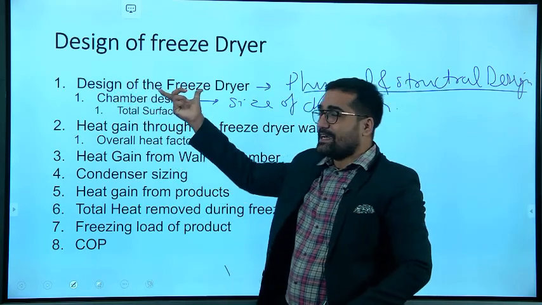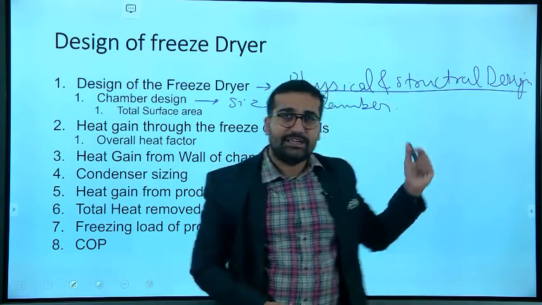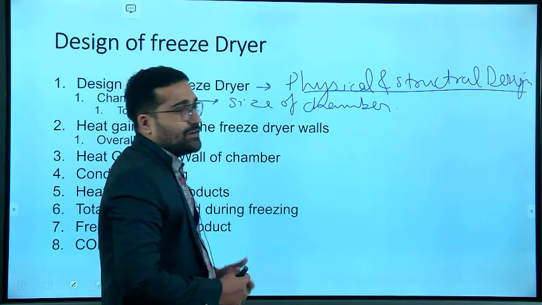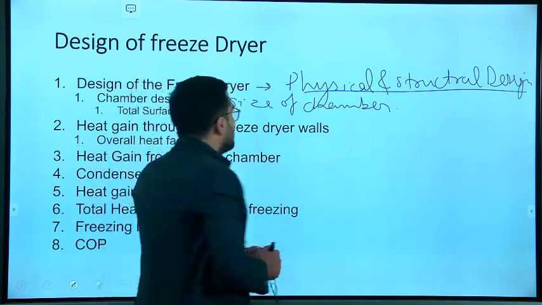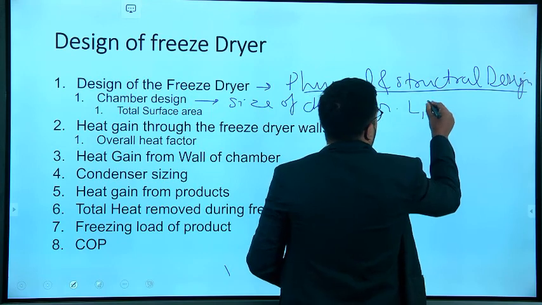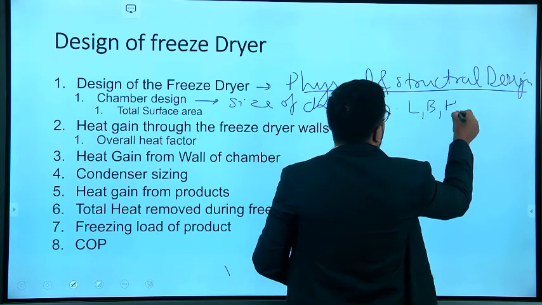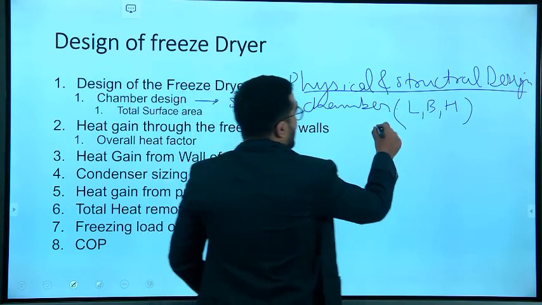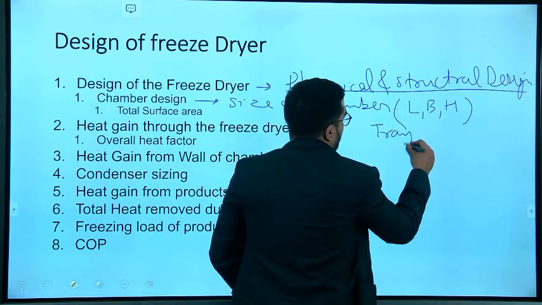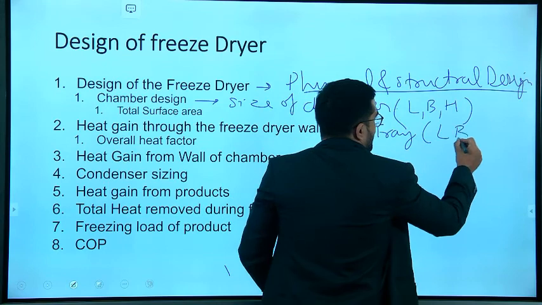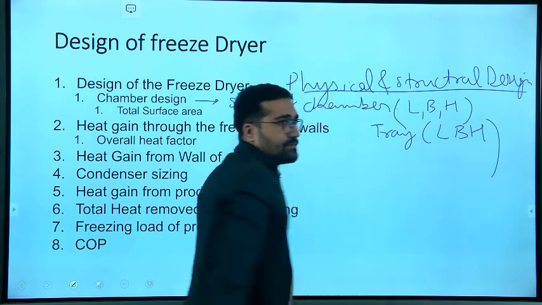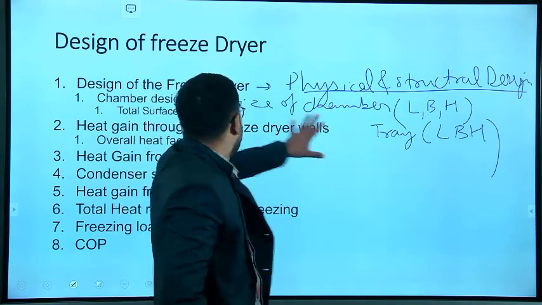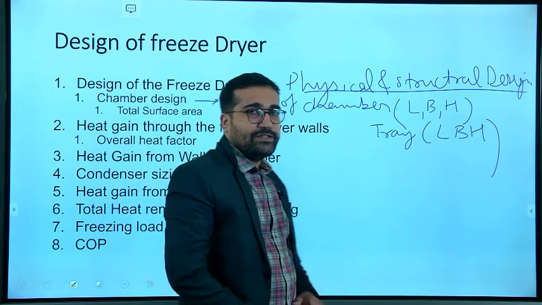In freeze dryer design, first is the physical and structural design. In that we will also design the chamber. What should be the size: length, width, height of the chamber. Then there are trays. For those, what is the length, width, height of the trays? These two things we will decide in the first step.